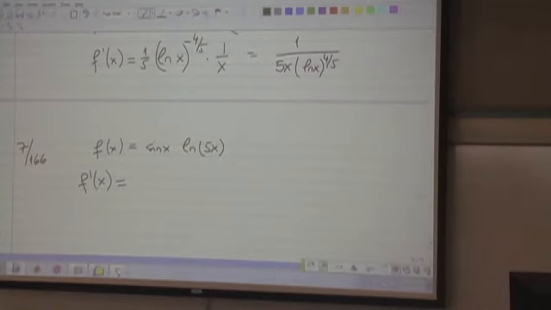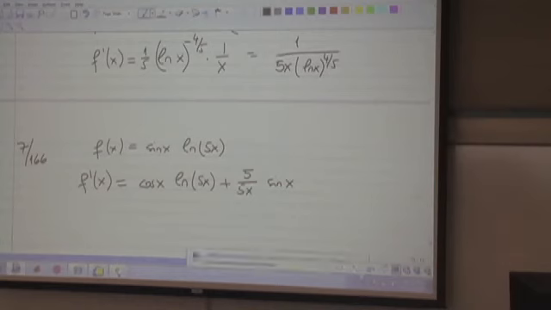And that was a question. Cosine x, ln of 5x. What's the derivative of 5x? That's the chain rule. It's 1 over 5x times 5, or it's 5 over 5x. Right? Which, by the way, shouldn't really surprise you, because ln of 5x is just ln of 5 plus ln of x. So if you take the derivative, ln of 5 is just 0.